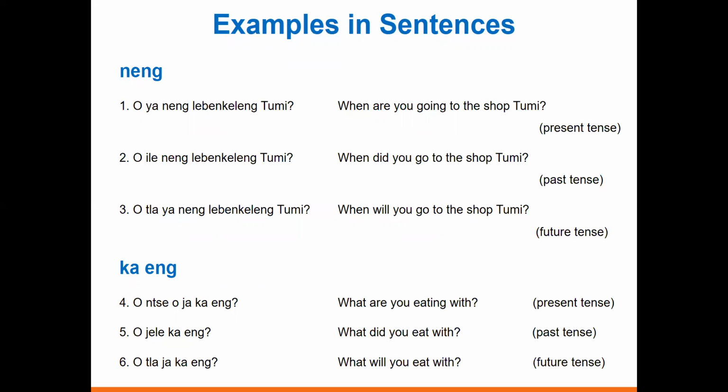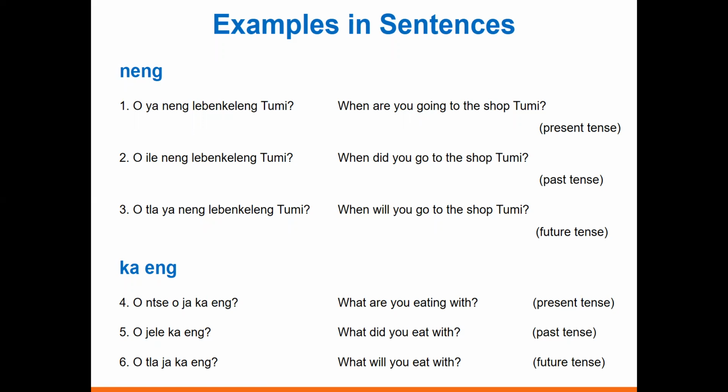So for instance, in example number 2, ning, o ile signals the past, not o ya. Ya is present, and then ile signifies the past tense. O tla ya indicates the future tense.